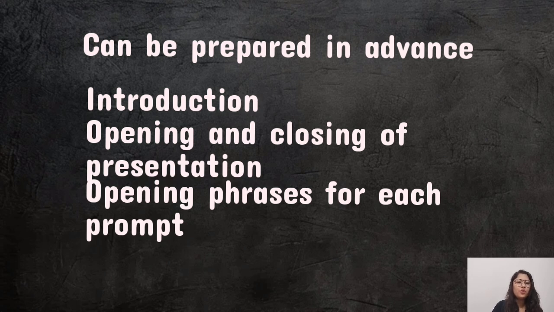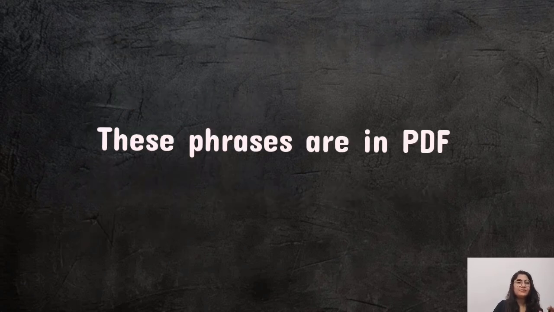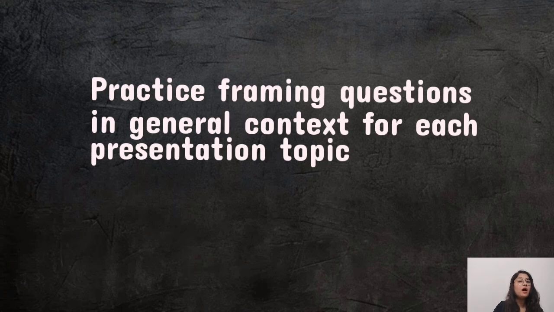Like when you want to talk about your personal experience, you can start with als ich ein Kind war, meaning when I was a kid, right? Like that. Now what are those different sentences that we can pick? I have included those in the PDF as well. And I always recommend that do not forget to form a question and answer for the presentation.